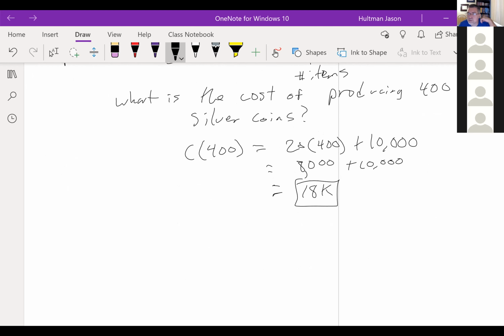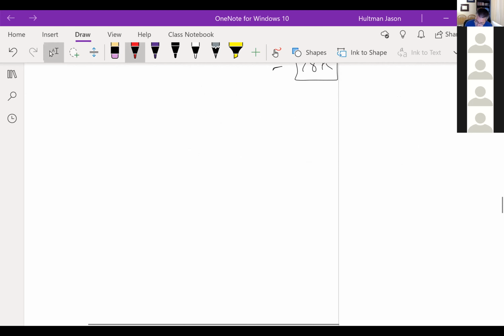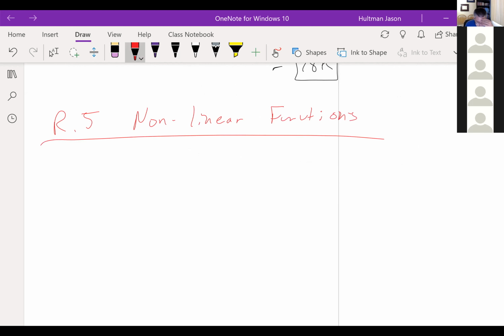Okay, make sense? Let's switch gears. R5 is non-linear functions. So what's a quadratic?